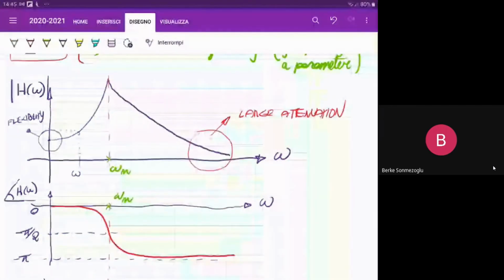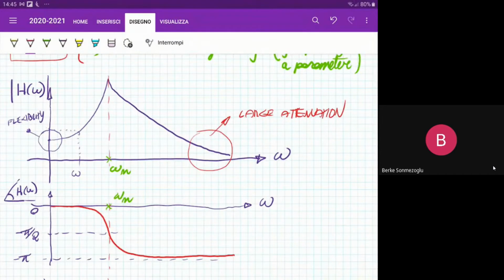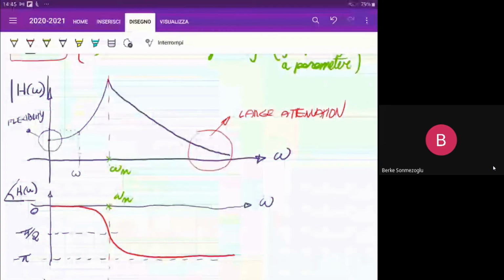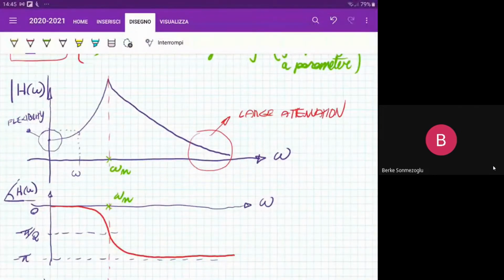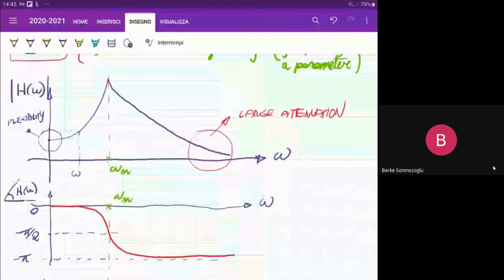Of course, I am just showing you the amplitude and phase part of your frequency response function. If you have more than one natural frequency, that is, if your system has more than one degree of freedom, then of course you have to introduce the other resonance peaks that happen at different values of the x-axis, and therefore you will have more than one peak and more than one quadrature condition when reporting the phase.